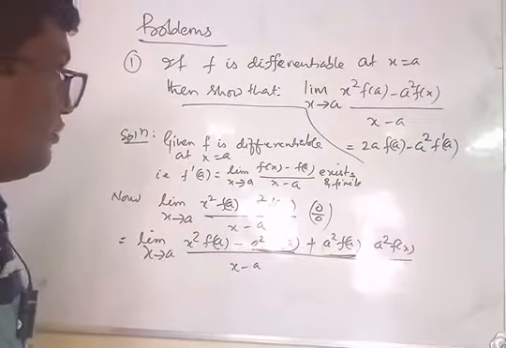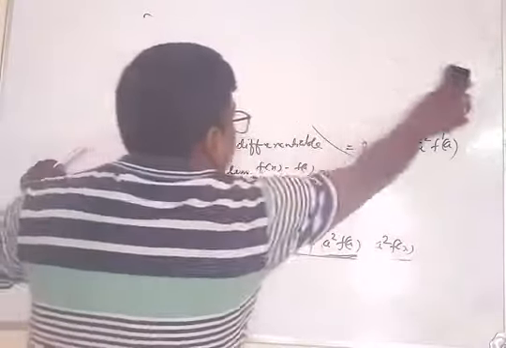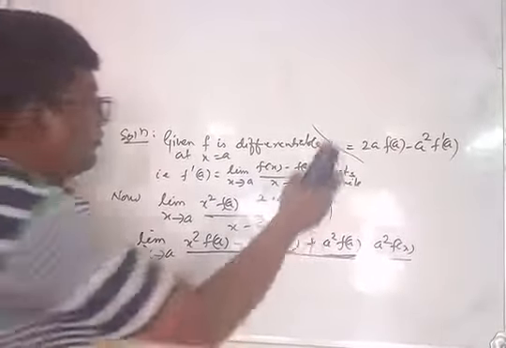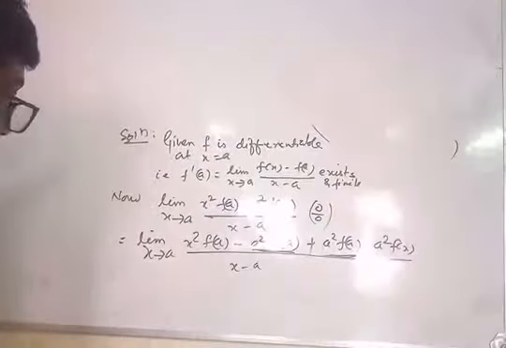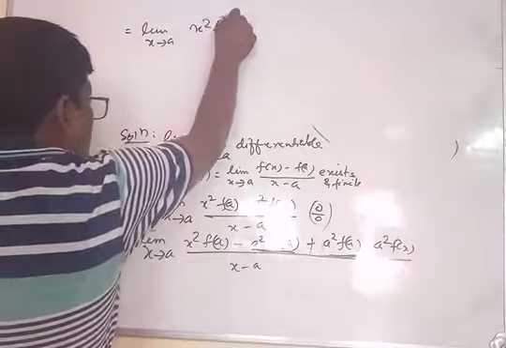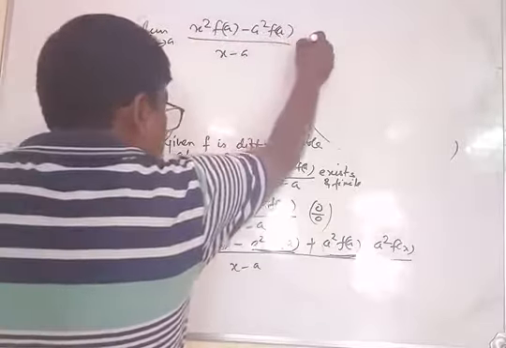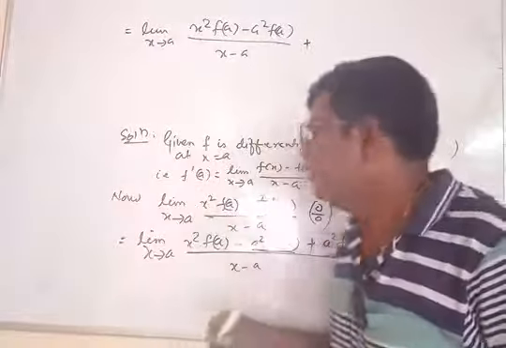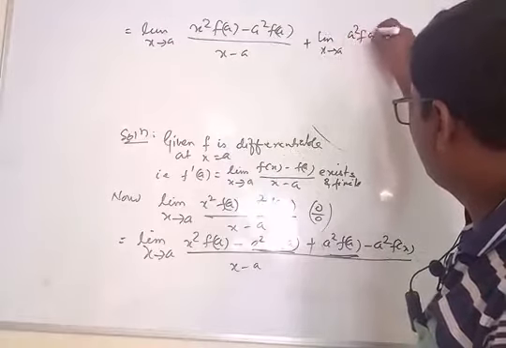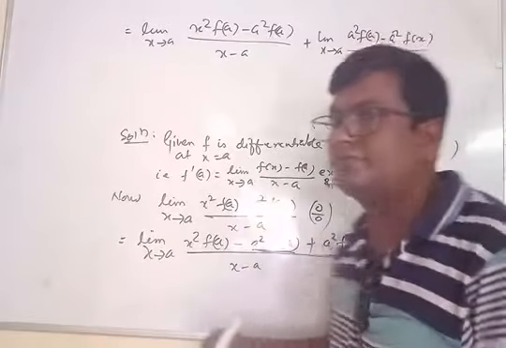This is equal to limit x tends to a of (x² f(a) − a² f(a)) divided by (x − a), plus limit x tends to a of (a² f(a) − a² f(x)) divided by (x − a). Clear?